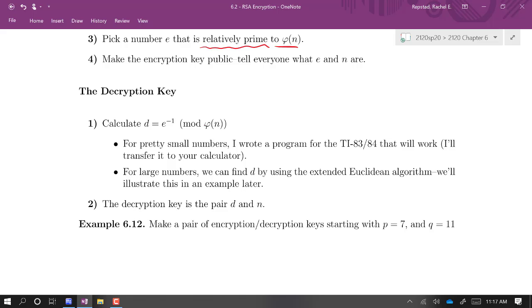So it is not recommended unless you're working with really small numbers. For large numbers, and I'll show you how this works, we can find it by using the extended Euclidean algorithm. I did tell you that would come in handy, and it is going to come in handy as we work on this. And then the decryption key is the pair of numbers d and n. This you have to keep secret. You're telling everybody what n is, but in particular d, you have to keep secret.